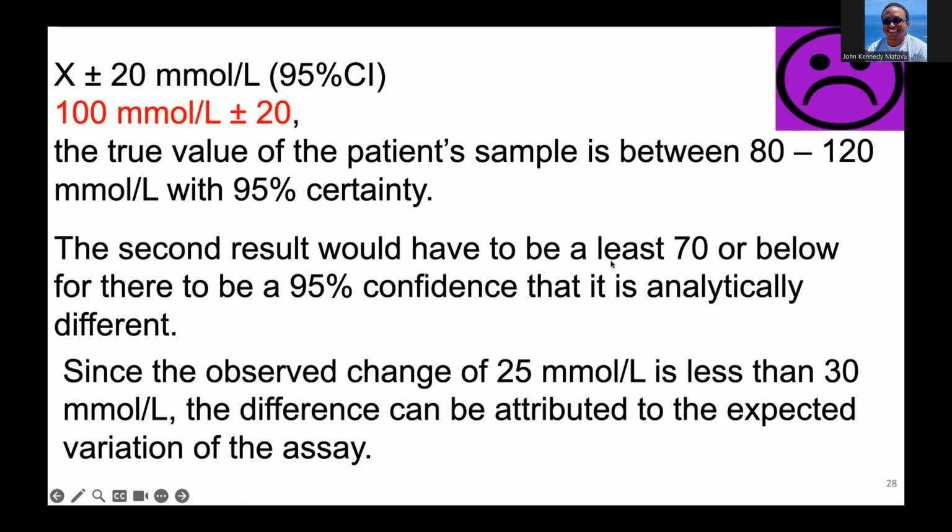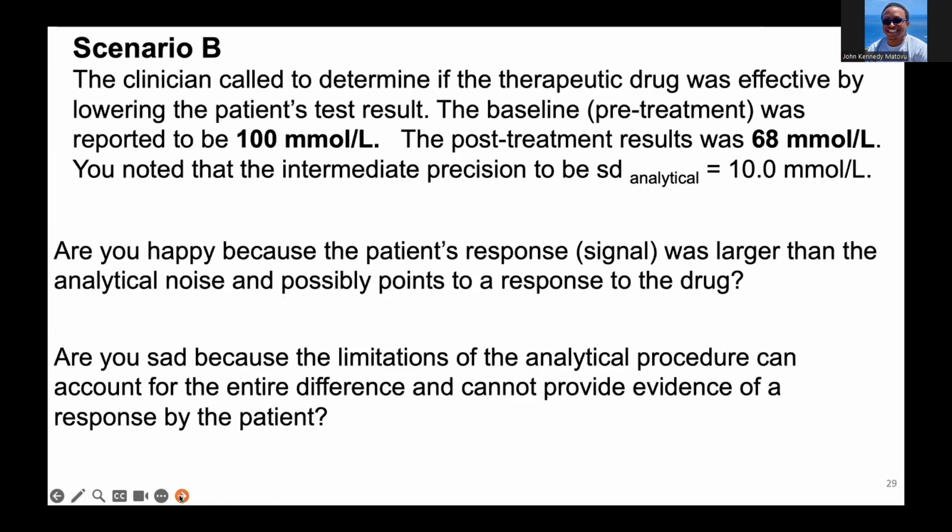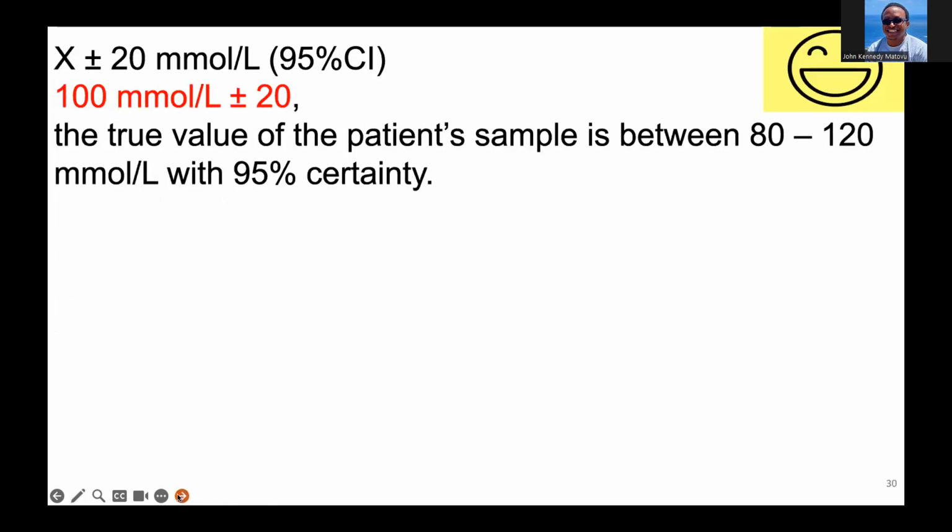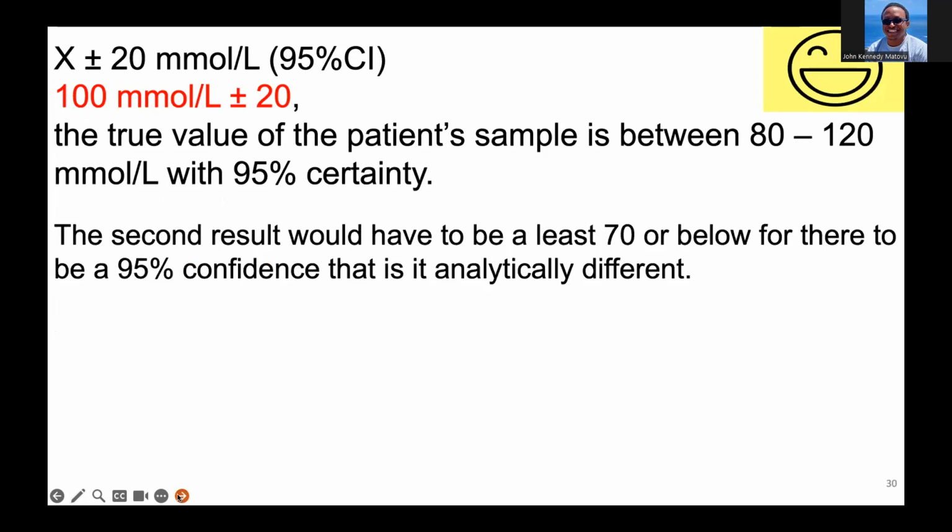Remember that sometimes drugs may take time to work. So I think that is what we're trying to say. We're not saying it's not working at all, but we're saying that based on the limits that we have set to be able to make sure we give you a true result, we are not seeing a change yet. Because if you go to scenario 2, now, what is the value? 68.